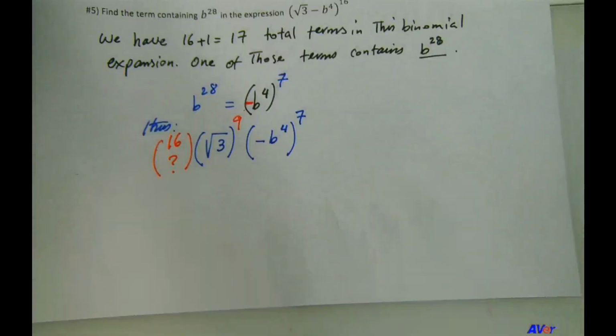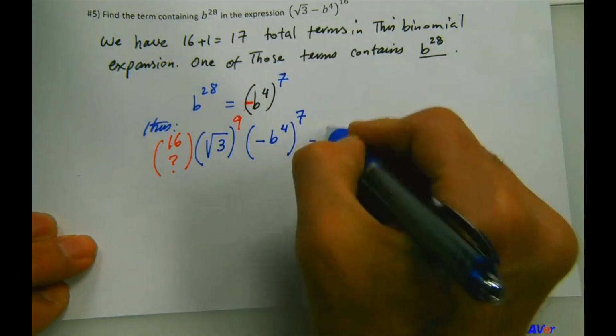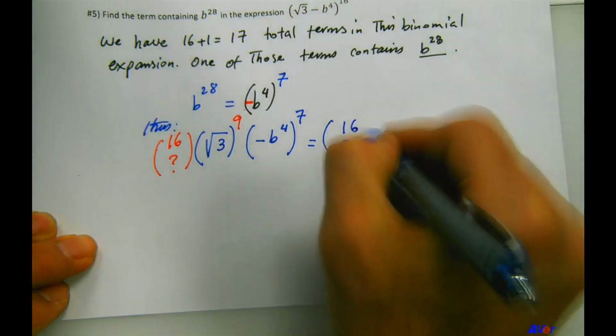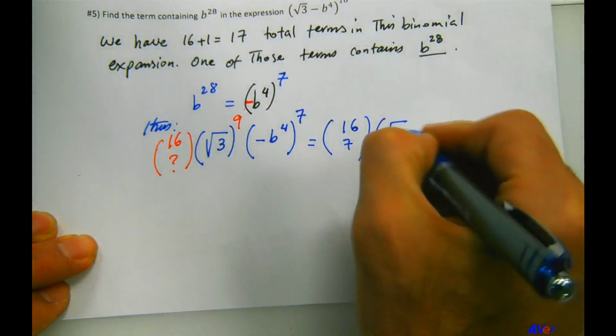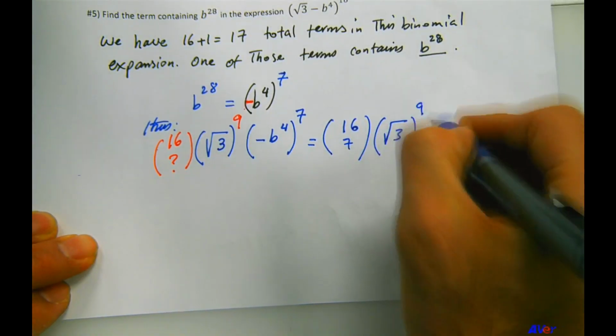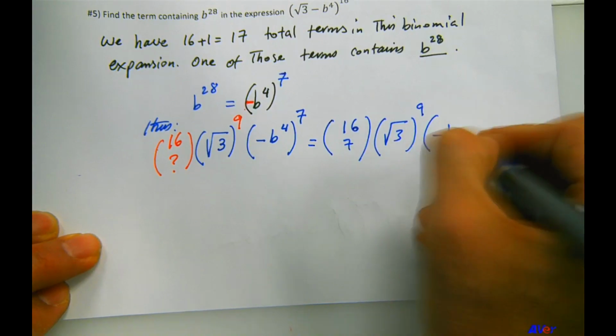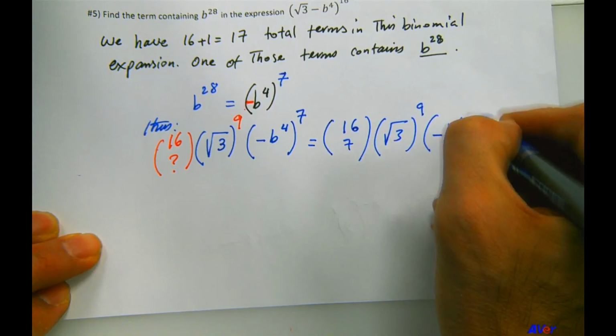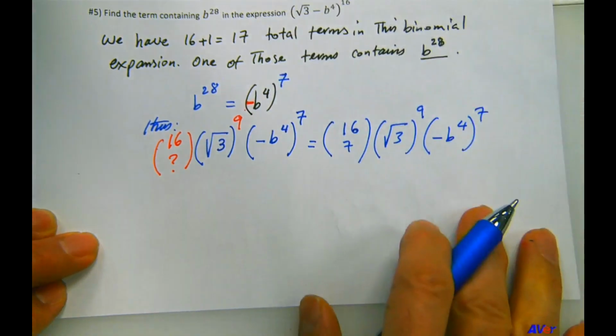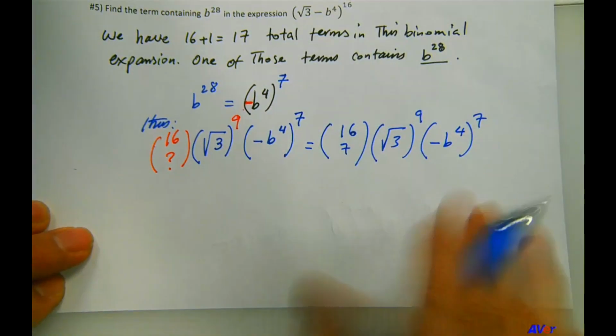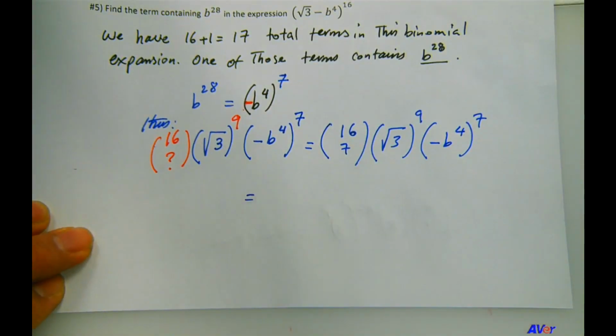So we have 16 choose 7, square root of 3 to the 9th power, minus b to the 4th, to the 7th power, right?